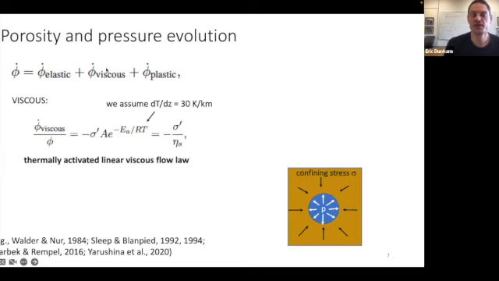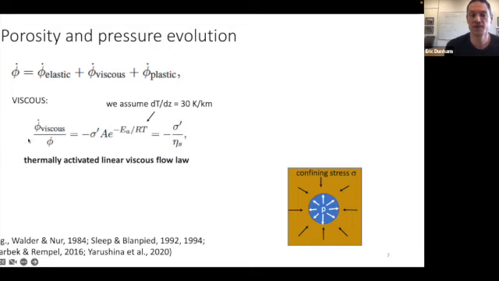The viscous term here, this is the creep compaction term, and we utilize something that's similar to what Luca is using, but you'll see that the way compaction enters our model and the phenomena it produces is extremely different than in his model, and so I'll try to explain why.